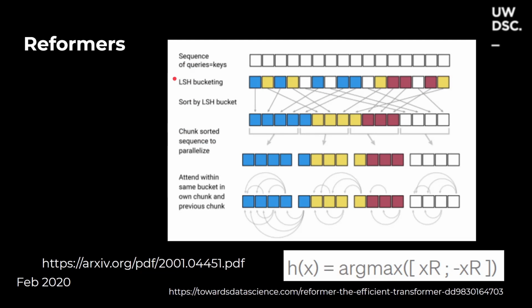Basically, what it does is that it does not compute the attention between every 2 words in the sentence. So they use a hashing function, which is this function, to separate words into different buckets, and it'll just do attention within that specific bucket and the bucket right next to it.